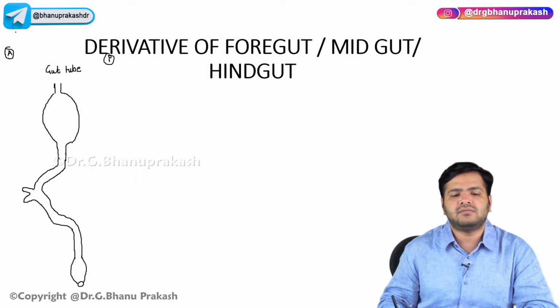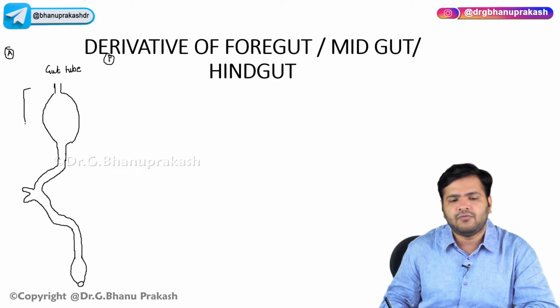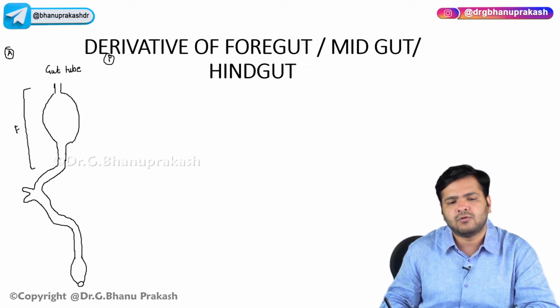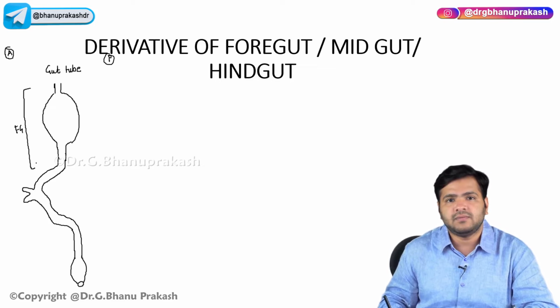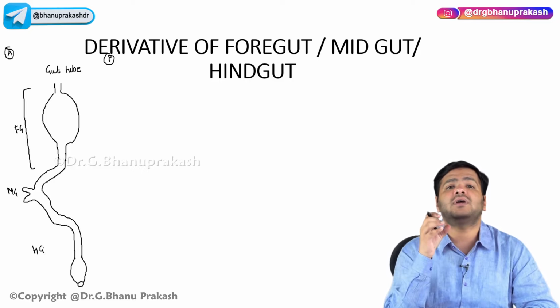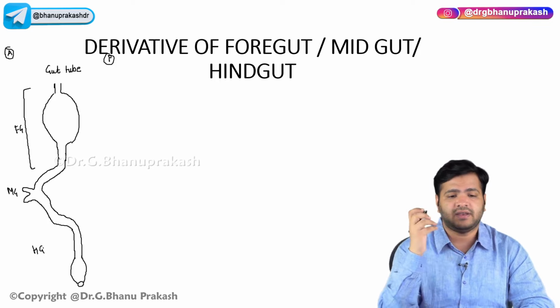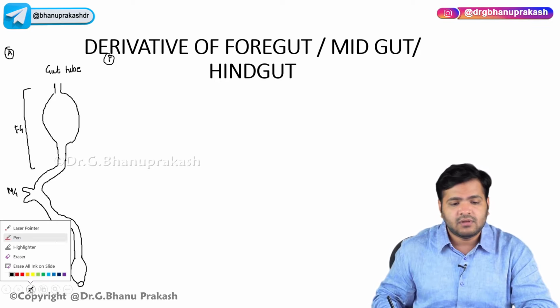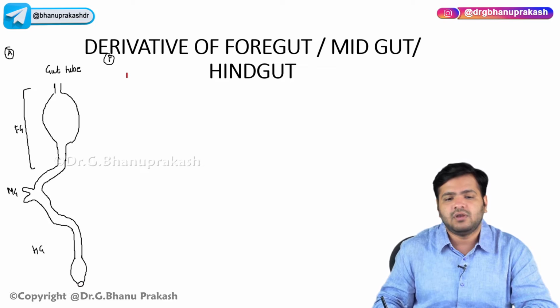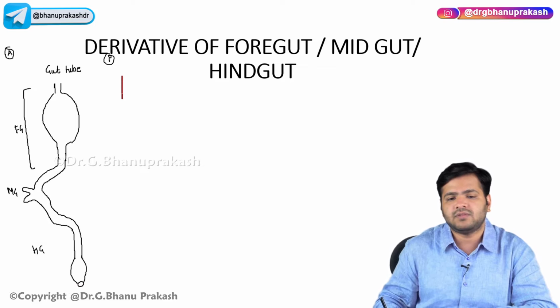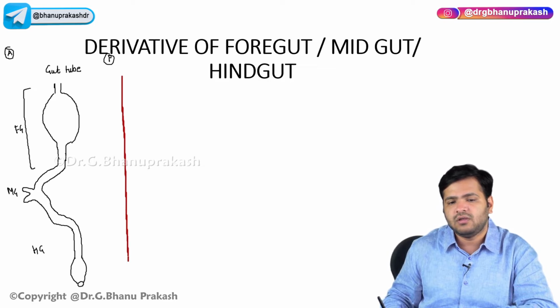This is the foregut, then we have the midgut and we have the hindgut. Now how are the foregut, midgut and hindgut divided? They are divided with the help of the dorsal aorta, which is on the posterior wall.